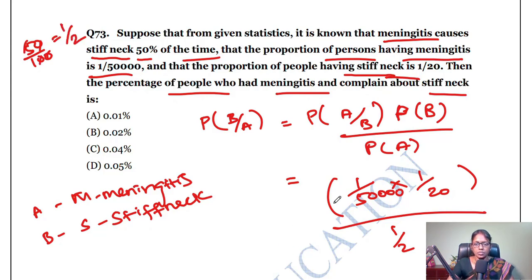So if you cancel, what will you get? 1 by 5, 1, 2, 3, 4. So this 2 will be cancelled, right? Then this 1 by 20, this 20 will be cancelled.